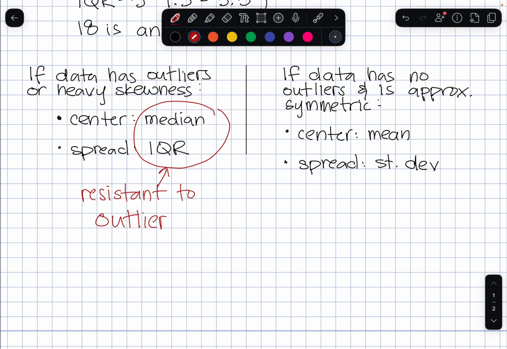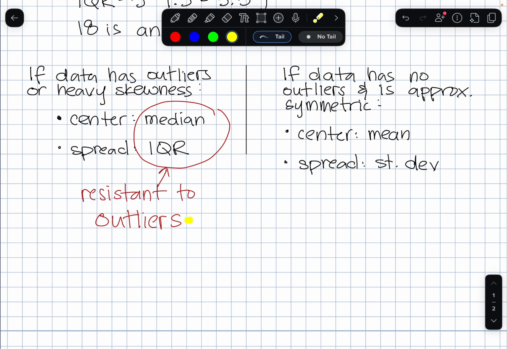And the reason they're resistant to outliers is these measures of center and spread depend on where I sit in the list. Am I the first number in the list, the last number in the list, the third number in the list? But they don't actually care what the numbers in the list are. So an outlier just tracks as the last number in the list. It doesn't track as a big number, it just tracks as the last number, and what I want is the middle number.